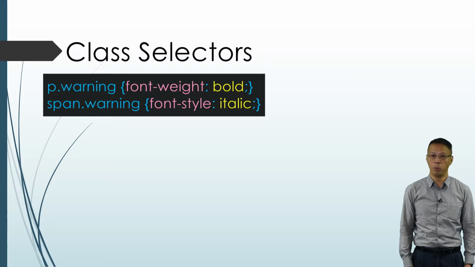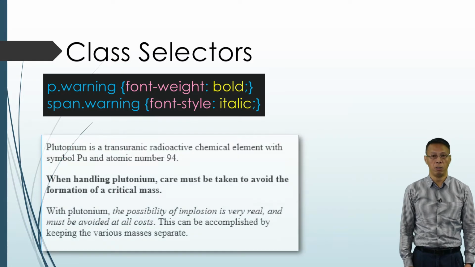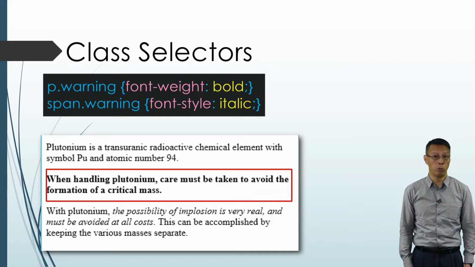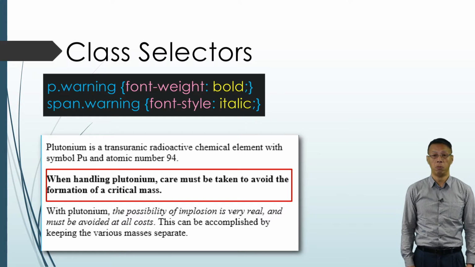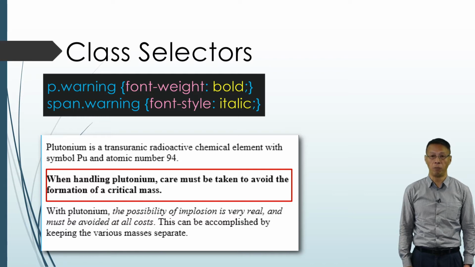Here we have one example. P.warning is for the P element with the warning class, and that has a font weight specification as bold. On the other hand, the same class, warning class, for a different element, span, can be defined with the display in italic.